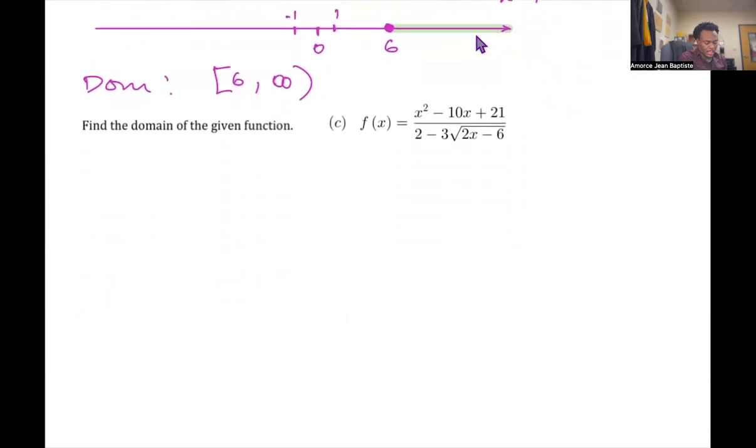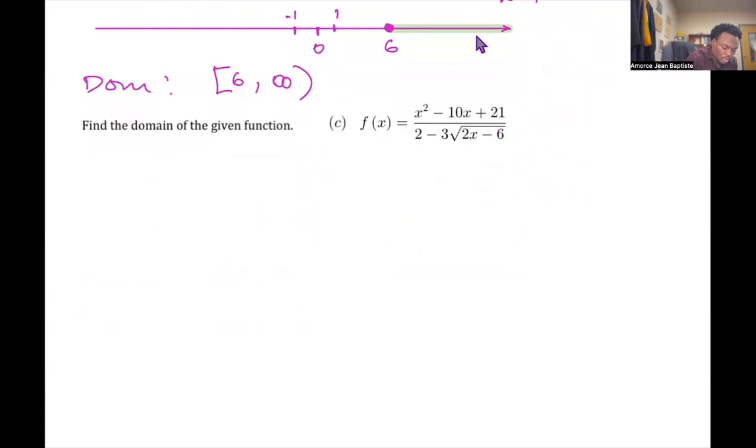Now let's look at the next example here. This example gives me a complicated denominator, for which you need to make sure you analyze and set the right conditions. You have two things: the part that is inside of the radical, and then the whole bottom, which you don't want to be 0.